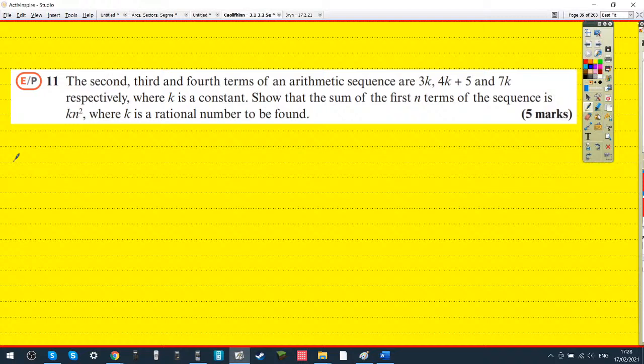So the second term, u2, is equal to a plus d. So a plus d is equal to 3k. And then a plus 2d is equal to 4k plus 5. So you can do, I don't know.